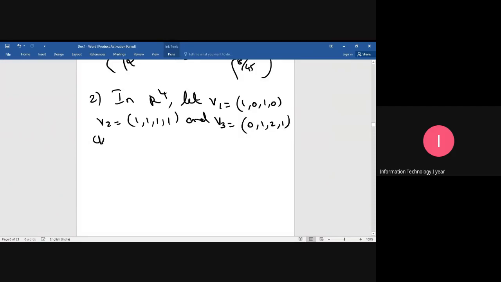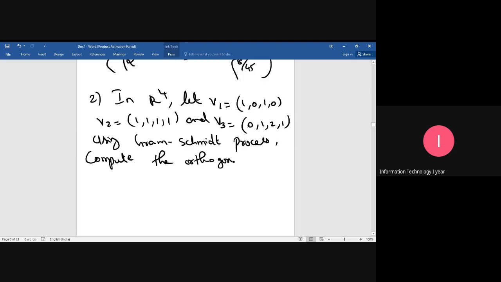Using Gram-Schmidt process, compute the orthogonal vectors W1, W2 and W3. V1, V2, V3 is given.